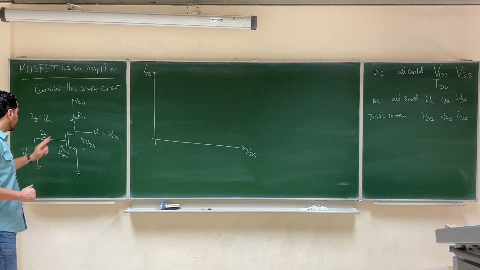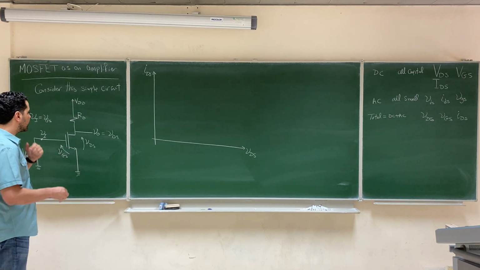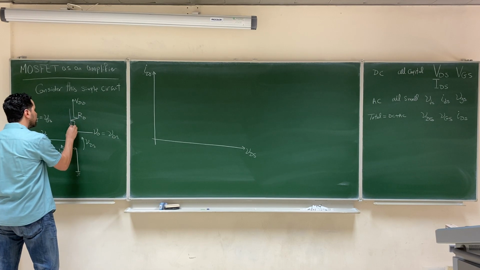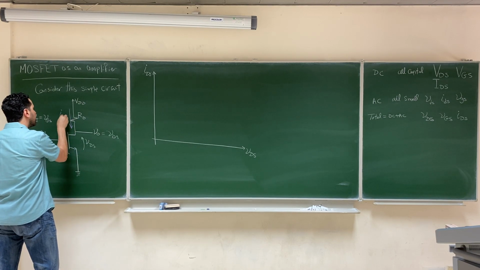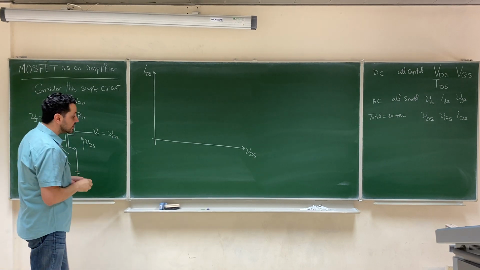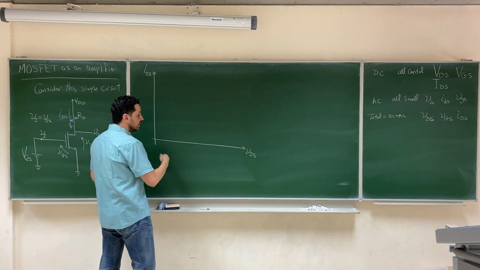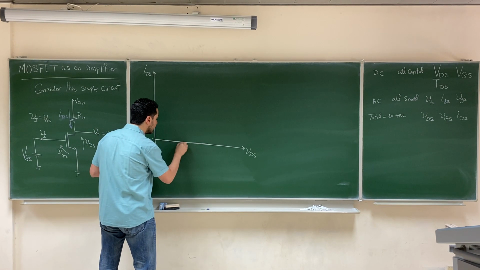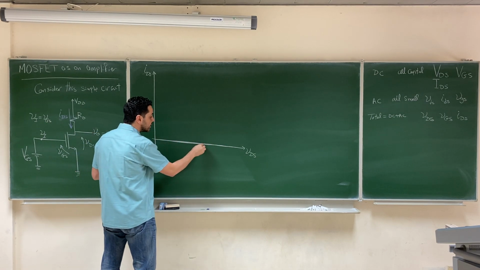Let's start with having only DC sources. So we have only VDD and VGS. Remember the relation between the current IDS and VDS: from the physics of the transistor, we used to get many curves in this relation. The first curve was when VGS is less than V threshold, the transistor is off.